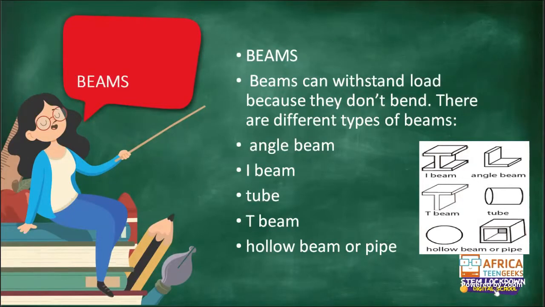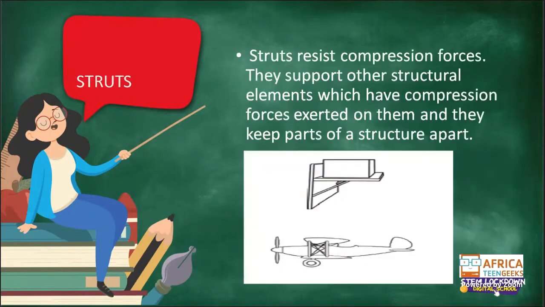So as you can see, the I beam looks like an I. Then the angle beam looks like a right angle, the T beam looks like a T, and the tube is a tube beam. All right, so we have got other beams that are pipe or hollow beam. All right, so all these are what? Structural elements.